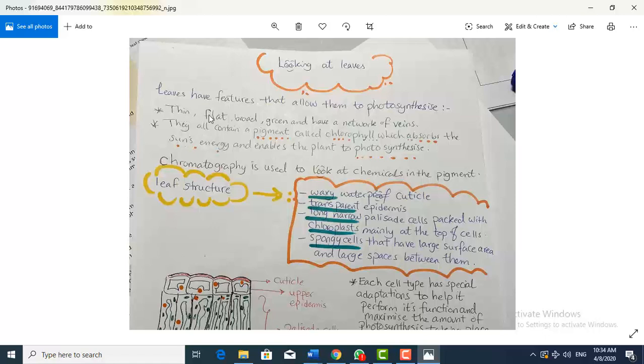They are thin, flat, broad, which means wide, green, and have a network of veins, those tiny lines you see when you grab a leaf and focus on the look of it. They all contain a pigment called chlorophyll, which absorbs the sun's energy and enables the plant to photosynthesize.